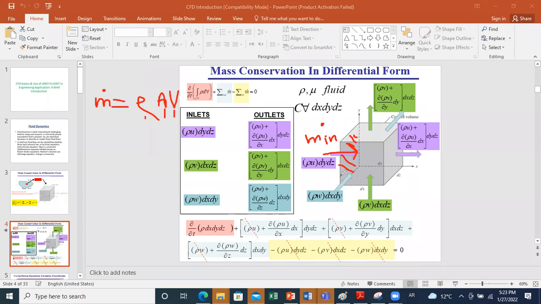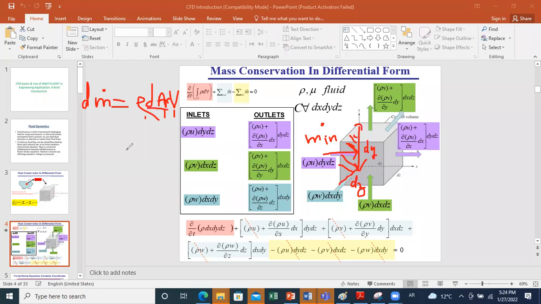So if I consider this face, what is the area of this face? Since this face has a certain thickness along y, which is dy, and a certain thickness along z, which is dz, the elementary area of this face will be dy times dz. Since I'm considering elementary mass flow rate on this small face, it's rho v dA, and the elementary area is dy times dz.